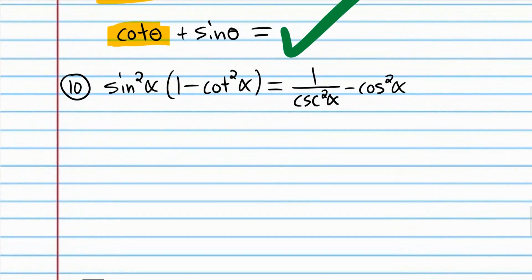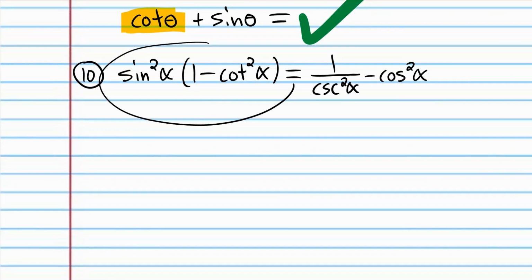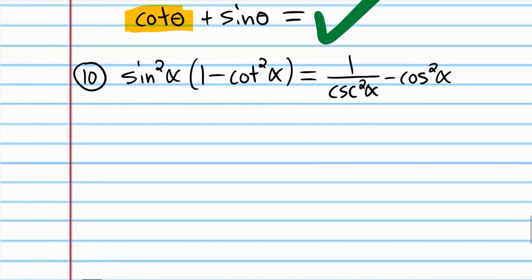Now let's try one more of these before you try one on your own. We're going to use distribution. Again, we're always working on the left side of the equation. So sine squared alpha times 1 is sine squared alpha. Sine squared alpha times cotangent squared alpha.